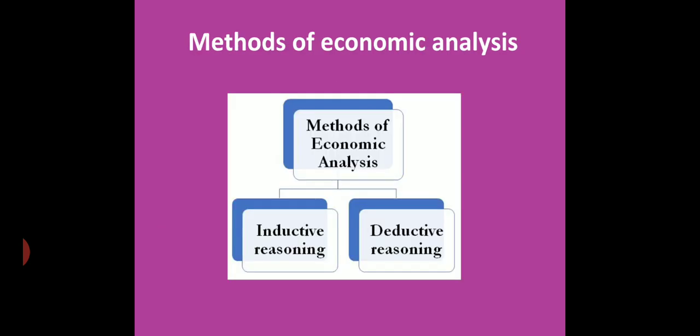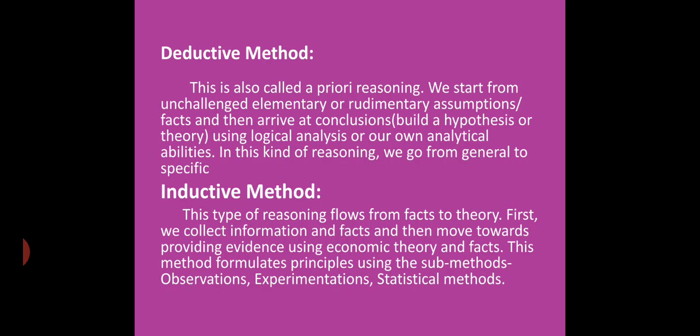And then finally, methods of economic analysis. There are two types. First one is inductive reasoning, second one is deductive reasoning. Deductive reasoning is also called a priori reasoning, that means forecasting reasoning. We start from unchallenged elementary or rudimentary assumptions and facts, and arrive at conclusions using logical analysis or our own analytical abilities.